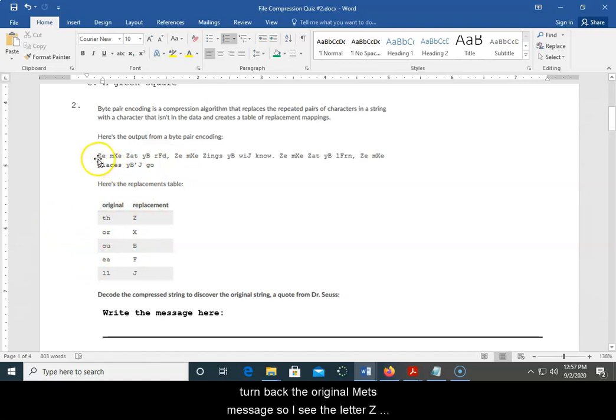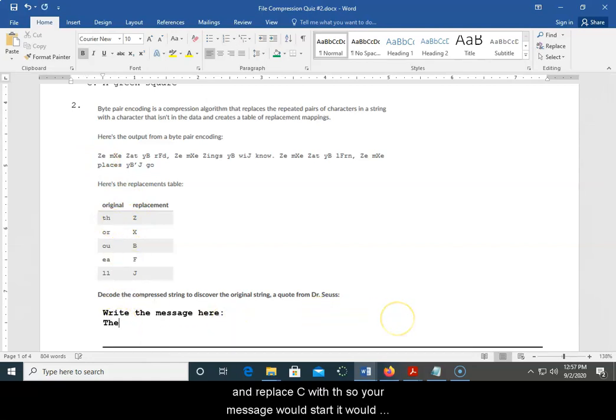So I see the letter Z and replace Z with TH. So your message would start, it would be THE, because there's the E there, and Z would be TH. Then you've got M, X, X is OR.